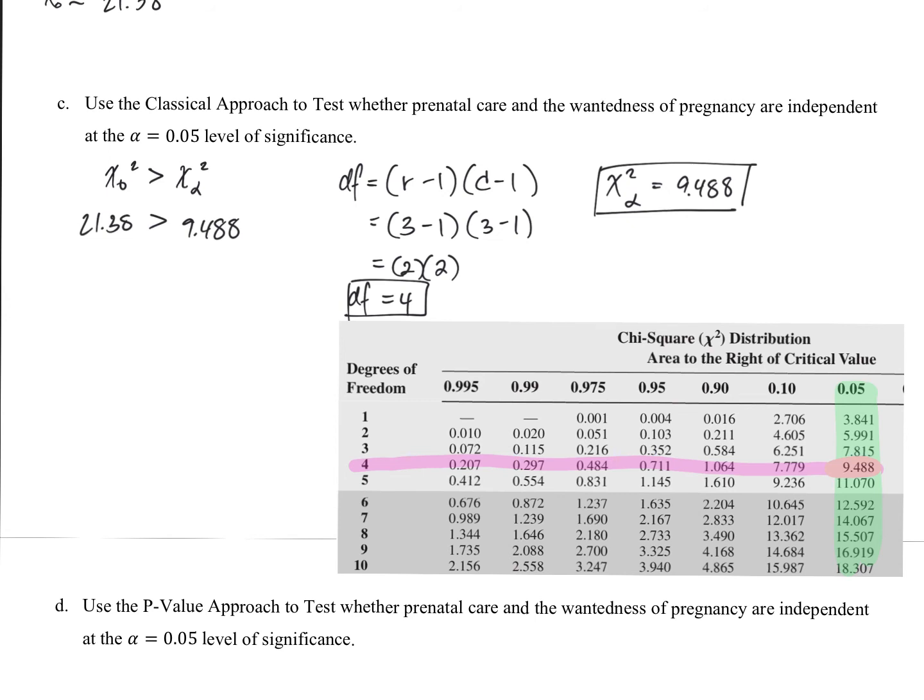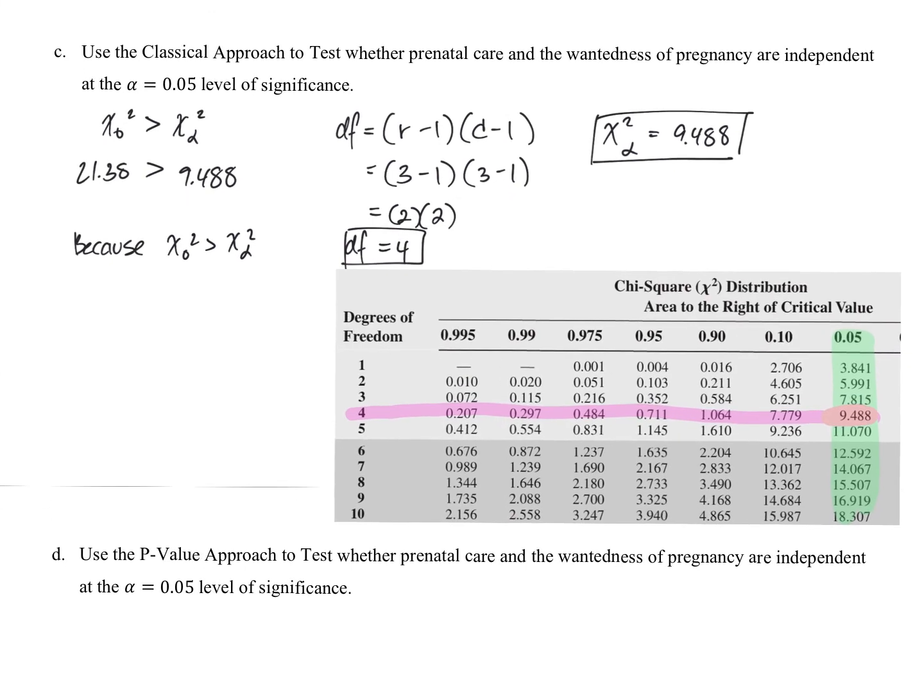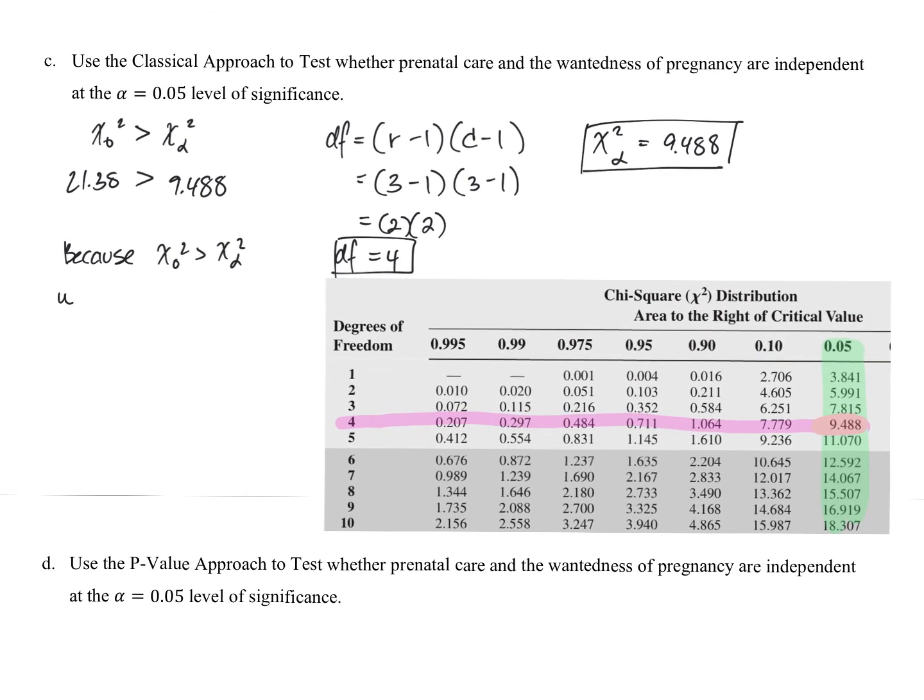Alrighty, so we can state because that was greater than the critical value, we reject the null hypothesis.